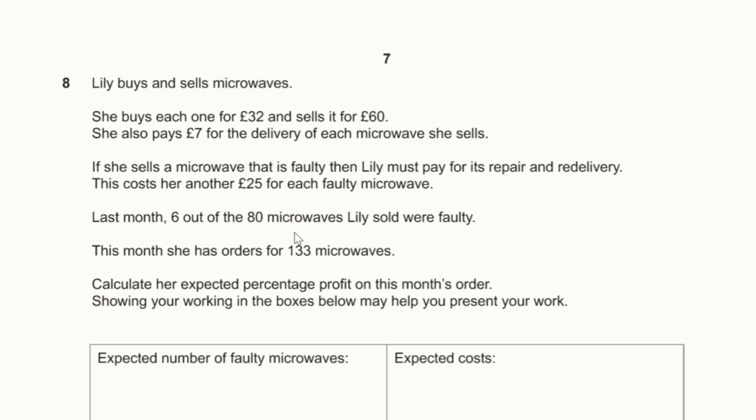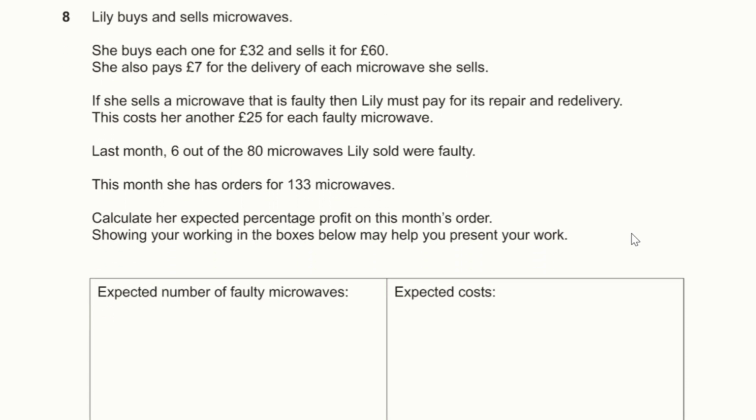Last month, 6 out of the 80 microwaves Lily sold were faulty. This month, she has orders for 133 microwaves. We have to calculate her expected percentage profit on this month's order. Showing your working in the boxes below may help you present your work.